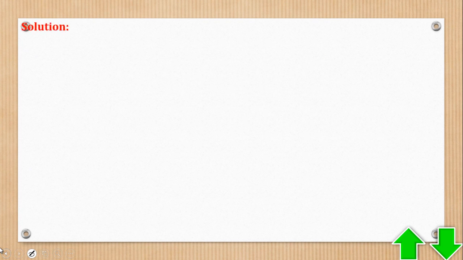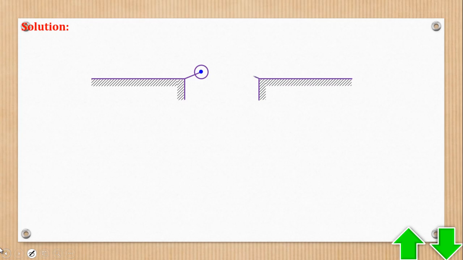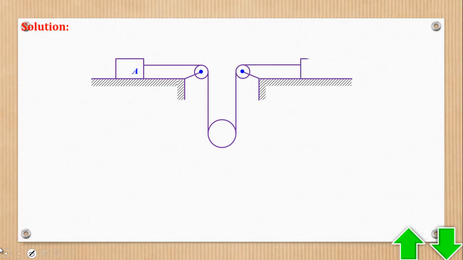So the first step is to redraw the given diagram. After that, we shall start putting the forces there. We, of course, begin with the weight. Everywhere there is a mass, there should be weight.